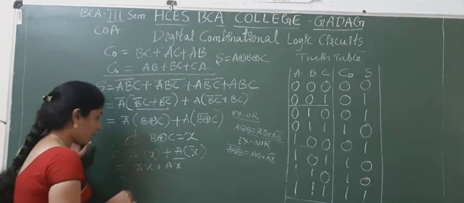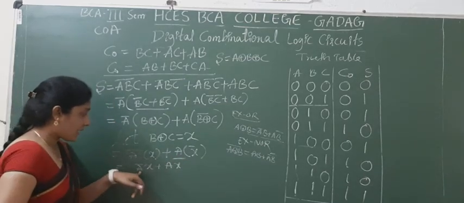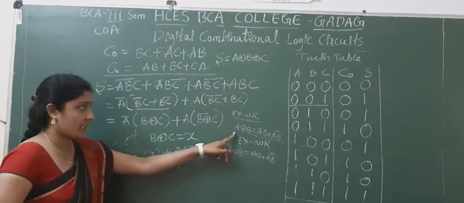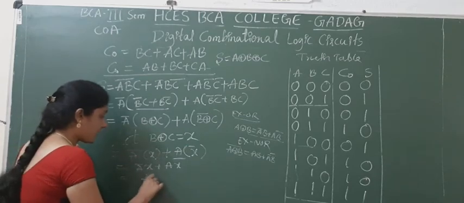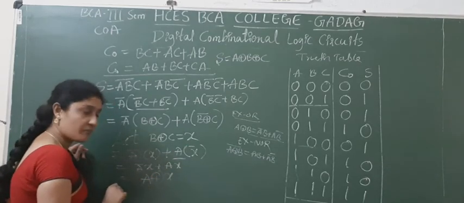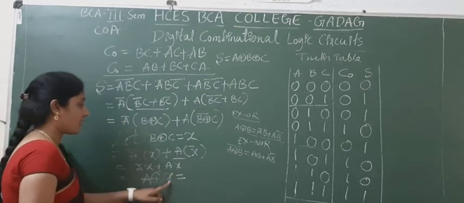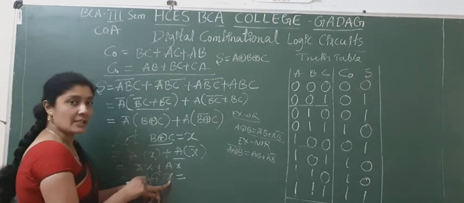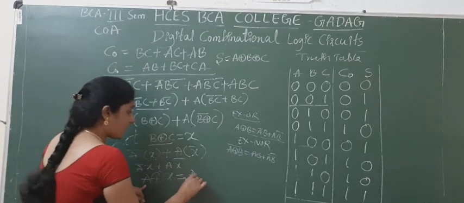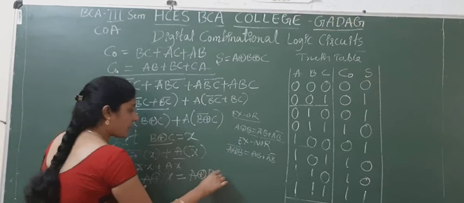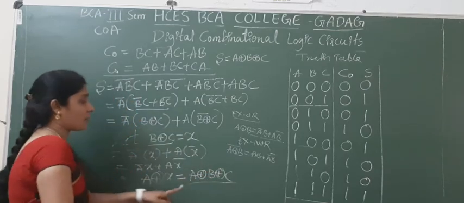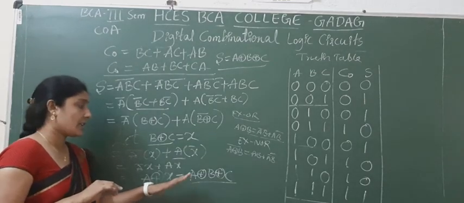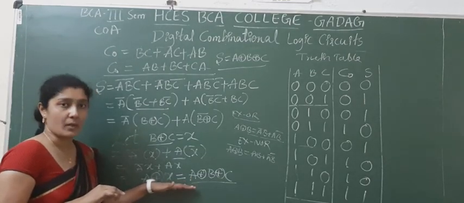Again apply the XOR gate here. So this is nothing but A XOR X. Okay. Now I write the expression for X. What is X here? B XOR C. Therefore it is A XOR B XOR C, which is nothing but our sum expression. So this is how we get the expression for the sum output.